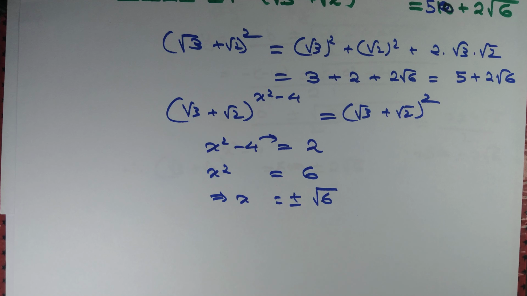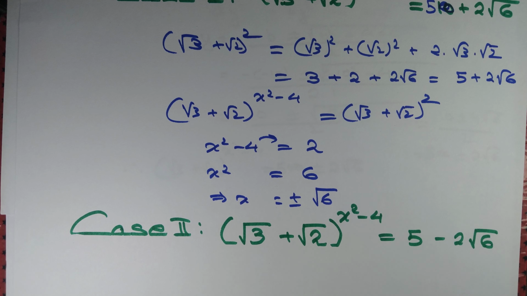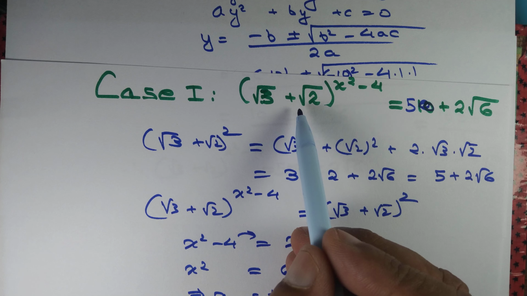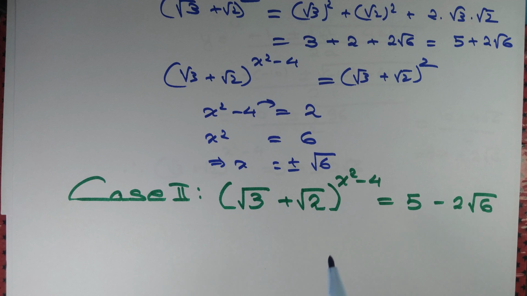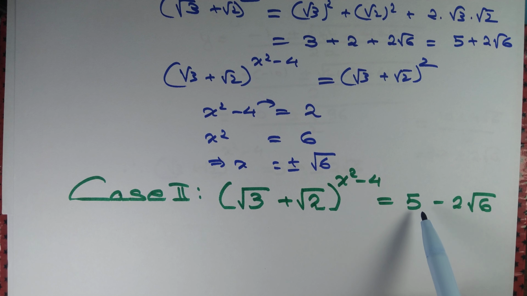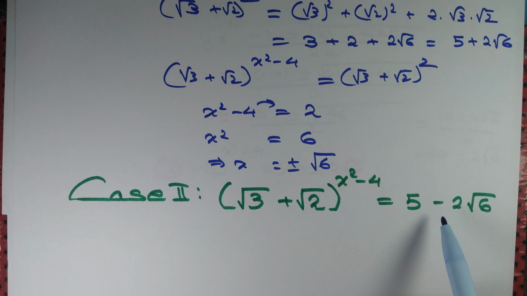Let's take the other case. Earlier we have observed that (root 3 plus root 2) whole thing square is 5 plus 2 root 6. But in this case we have minus sign here.